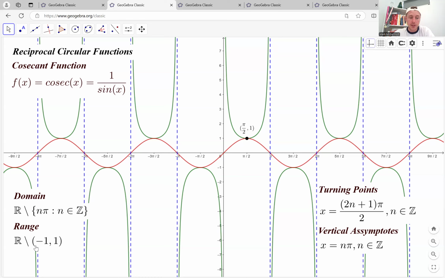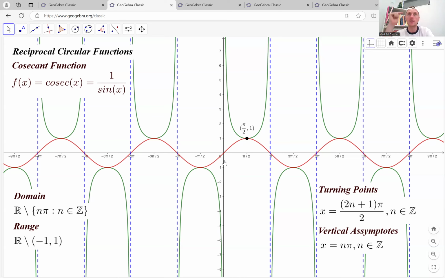Thinking about the range can be a little bit more tricky, but let's for a moment think about the range of sine. The range of sine clearly goes from -1 as a minimum to +1 as a maximum. When we take the reciprocal of that, we're taking 1 over those values in that interval. So the values in that interval are going to be proper fractions. That's one way to think about it. For example, the number -1/2 would be in that interval.